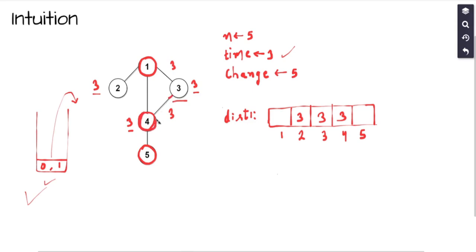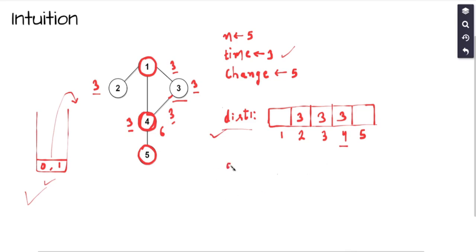So I traverse node number 4 and I see that the distance till node number 4 when I pass through node number 3 would be 3 plus 3, that is 6. But in the distance 1 array, I already have its distance as 3. So 6 is worse than 3. So I can't update this distance for node number 4.